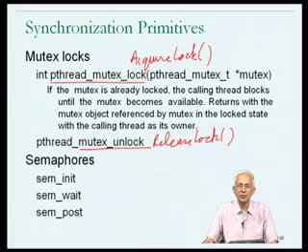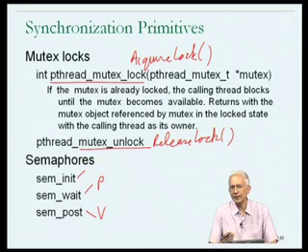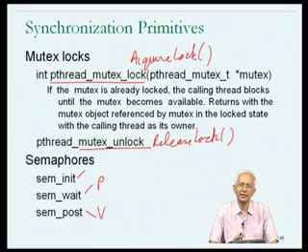And as far as semaphores are concerned, there is a mechanism to initialize the semaphore on many systems, and a mechanism to do the P and the V operations on semaphores. Whenever we see wait, that corresponds to the P operation, and post corresponds to the V operation, post or signal. Therefore, associated with these threading libraries, one does find support for the various issues that we saw in connection with concurrent programming.